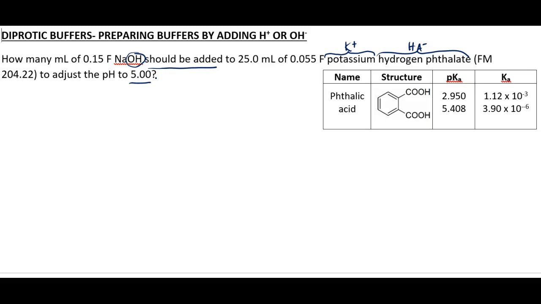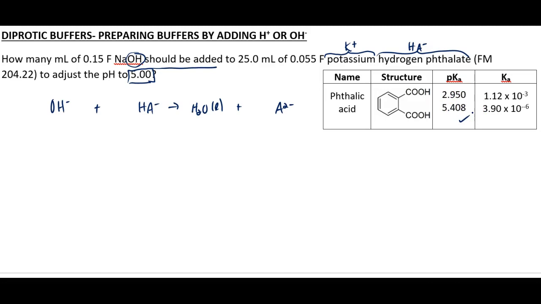Let's write that neutralization reaction. OH getting added to HA- to form water and the missing A-2. Now, notice that the desired pH is close to pKa2, isn't it?